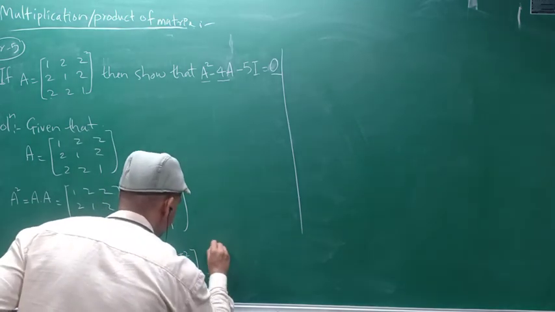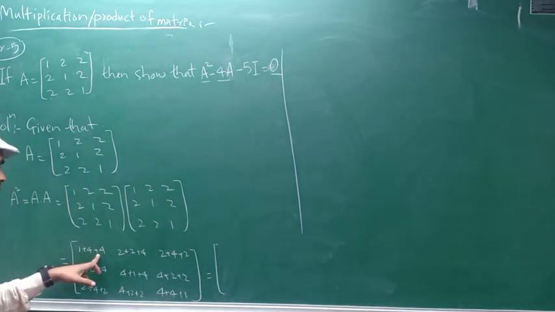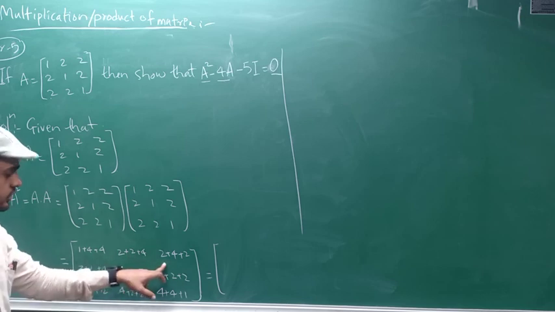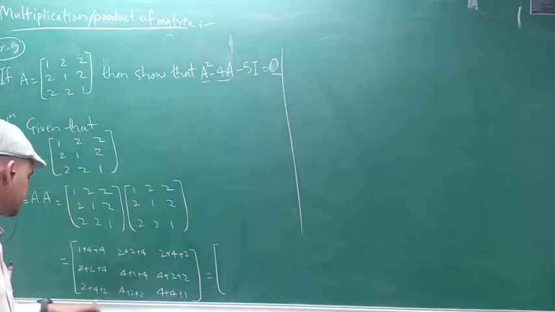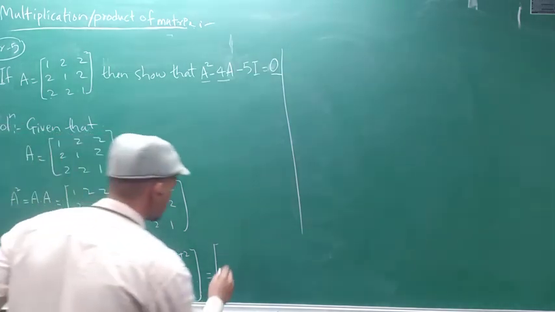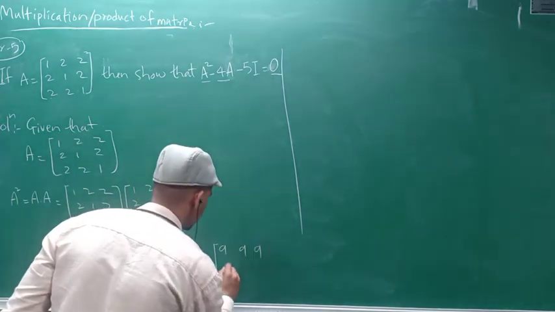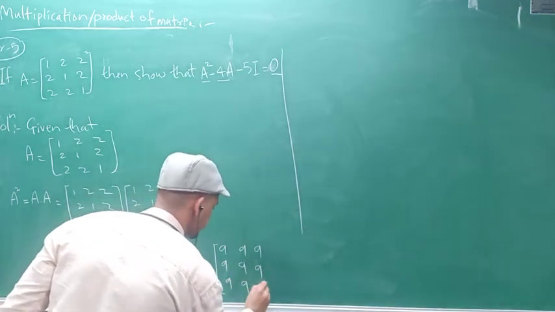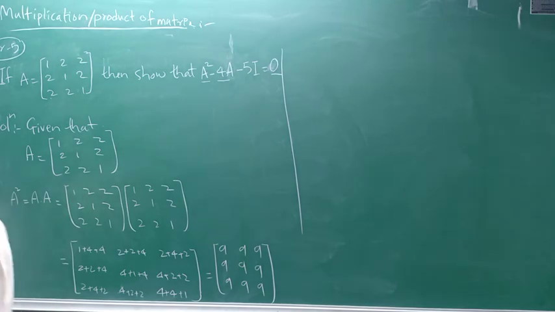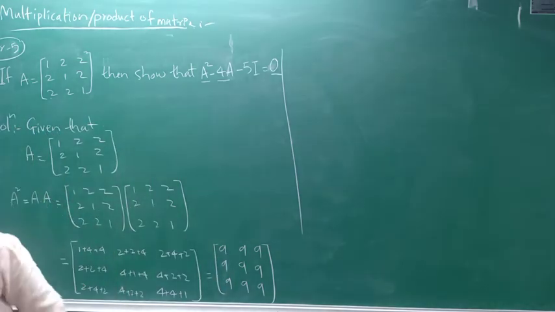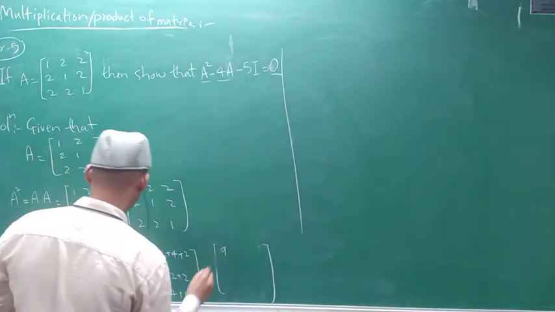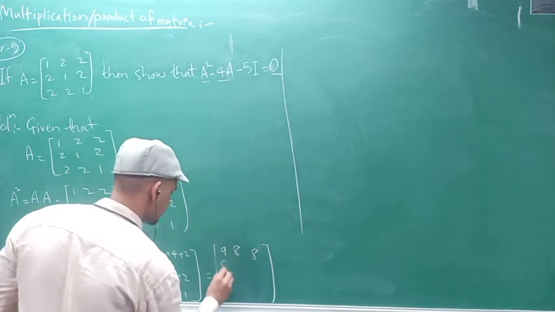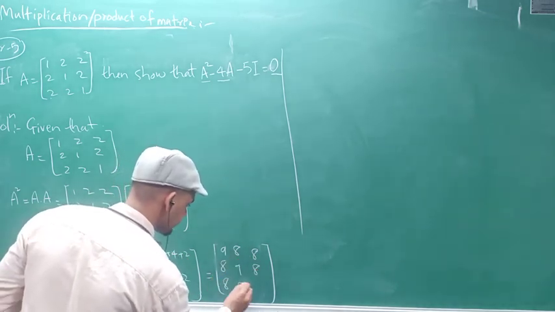Let's add them. 1 plus 4 plus 4 is 9. Sorry, I will get here 9, here 8, here 8: the matrix [9, 8, 8; 8, 9, 8; 8, 8, 9].